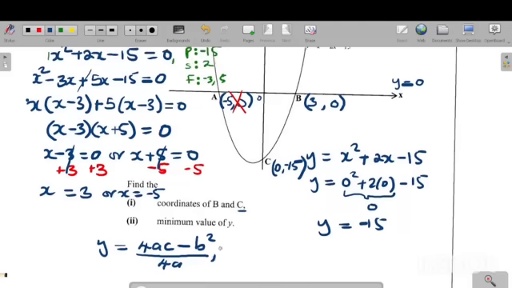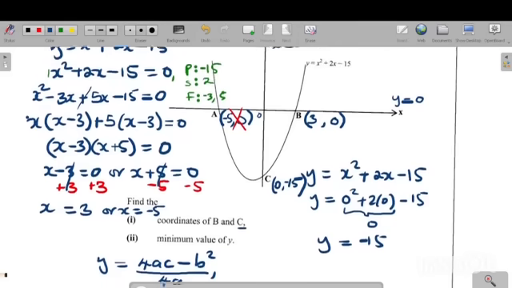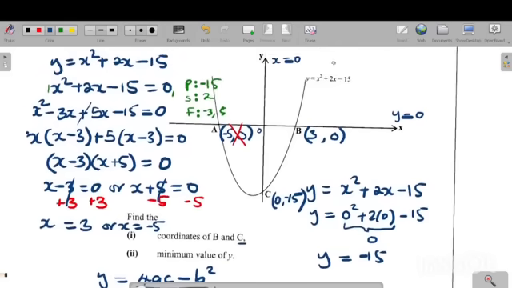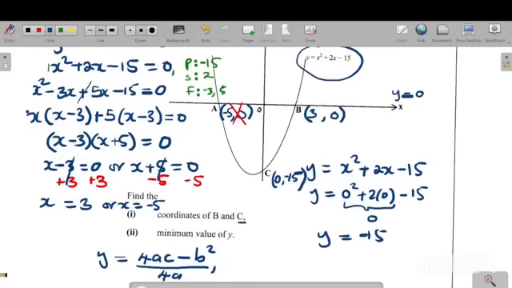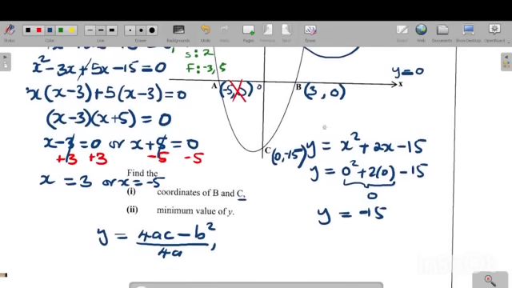Okay, and also we need to make use of this equation here. So the equation, which is this one here, y is equal to x squared plus 2x minus 15.